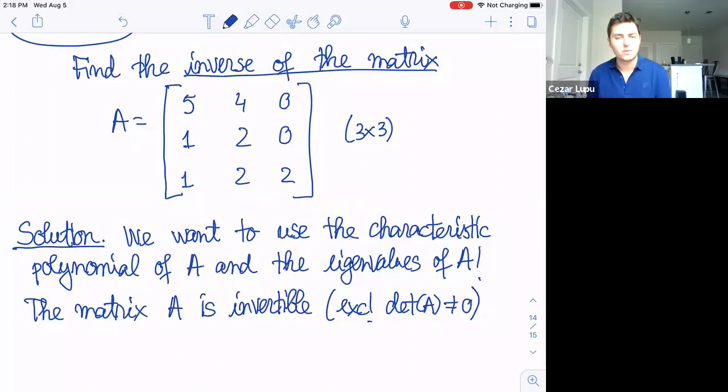But now let's use the characteristic polynomial, because sometimes this will play to your advantage. For example, I can give you the following problem at the exam. This could be a multitasking problem. I will say, let A be the following matrix. Find the determinant, find the characteristic polynomial, find the eigenvalues, find the eigenvectors. Is the matrix diagonalizable?